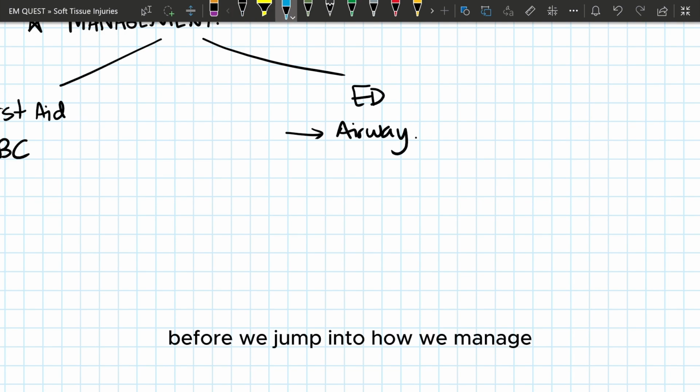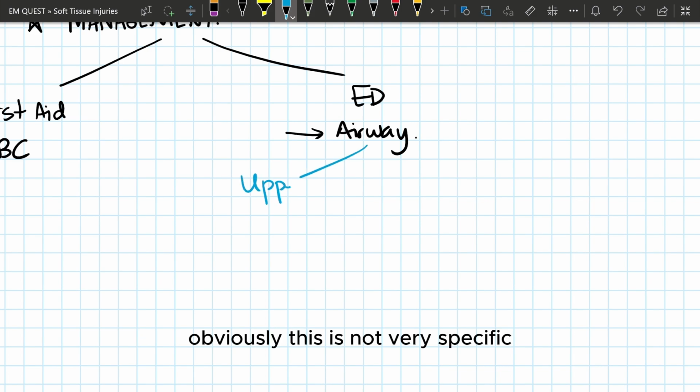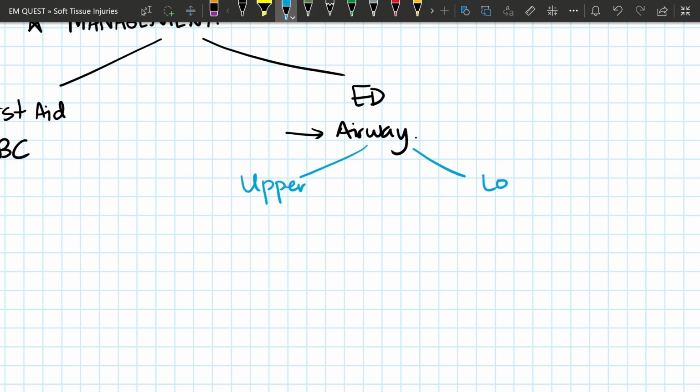So before we jump into how we manage, let's first understand what are the signs of upper airway injury and lower airway injury. Obviously, this is not very specific, but it's something that can be used.